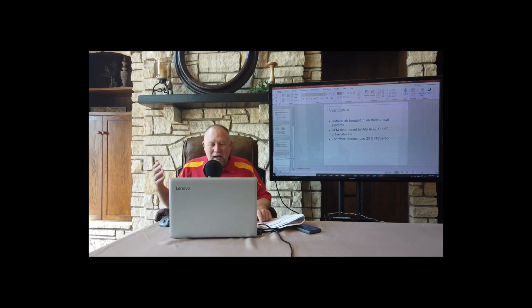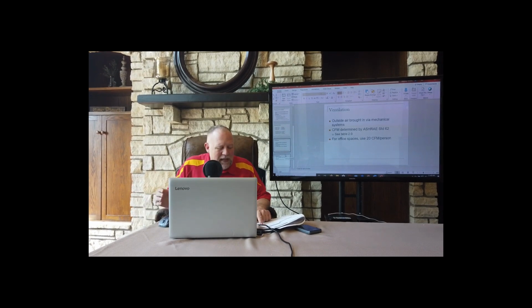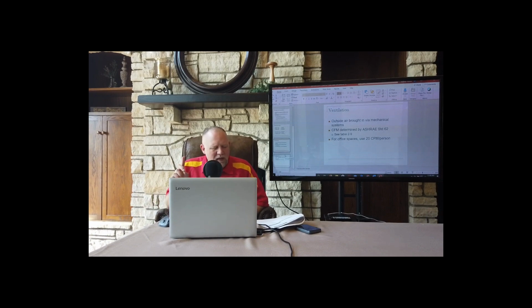Now, let's say that you had a lecture hall, you could get away with 8 CFM per person. And now you might think, wow, that seems kind of bizarre for a lecture hall with adults in college. But one thing that a lecture hall assumes is that unlike, say, an elementary school or a high school where the students are in the same room all day, a lecture hall probably only has those people in there for an hour.